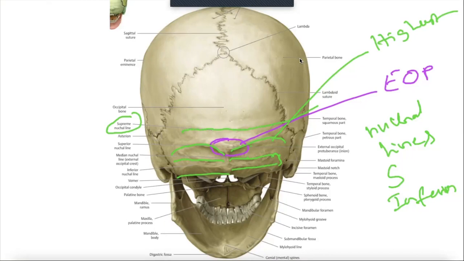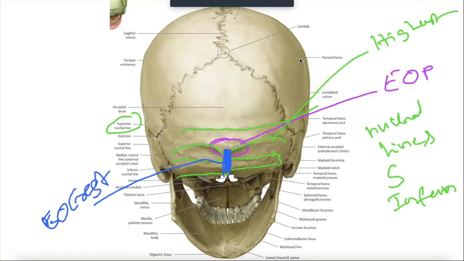The muscles of the neck attach to these lines and the occipital protuberance. And you can see the vertical ridge present here. It is called the external occipital crest. Okay, so that is the crest.